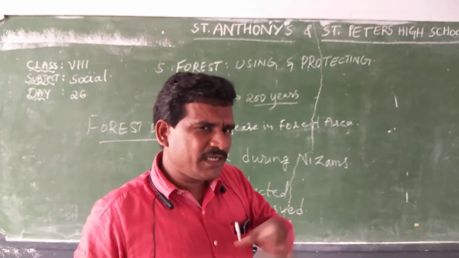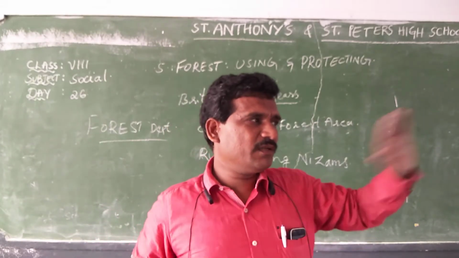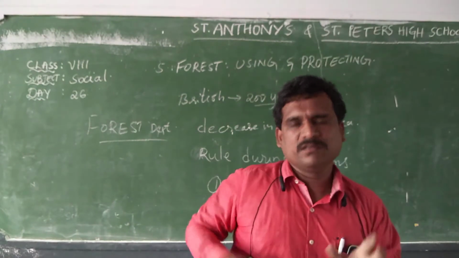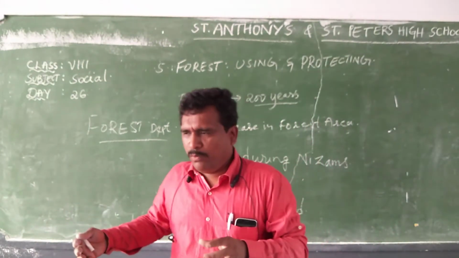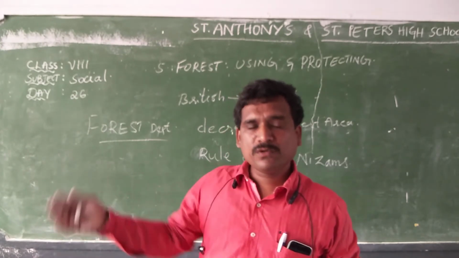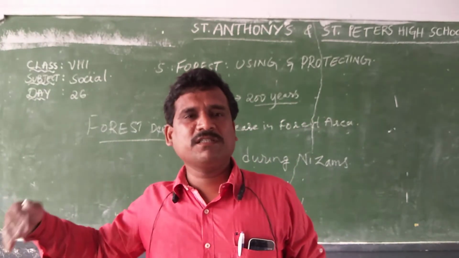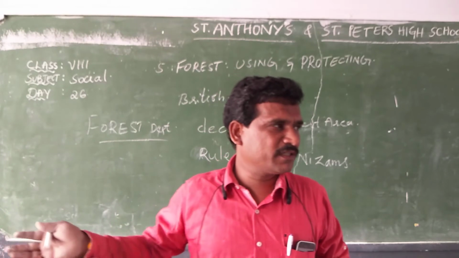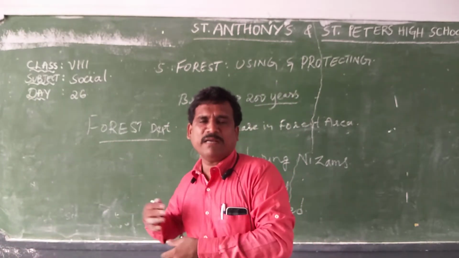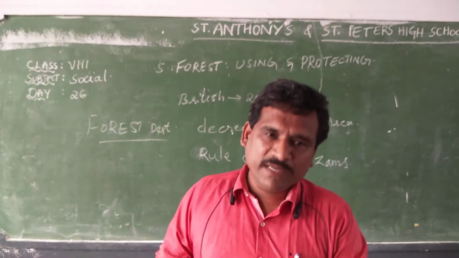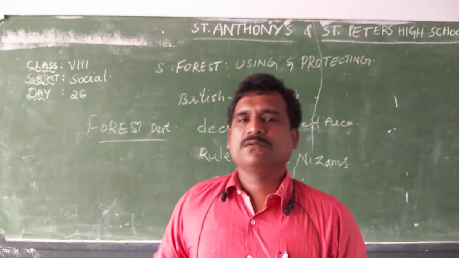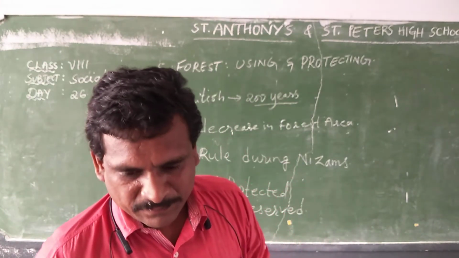They never continued cultivating for a long period of time; they shifted the place from time to time because they followed the shifting cultivation method, the Podu cultivation method. They shifted to increase the yield or to maintain soil fertility.